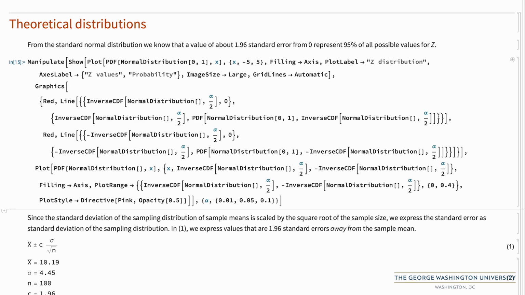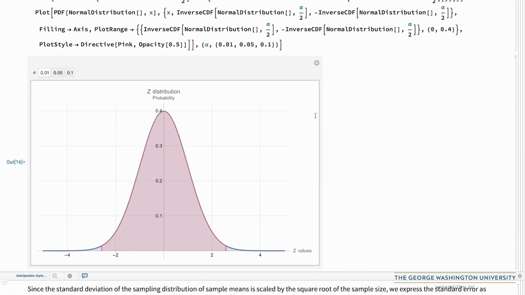Now let's just think about this in a theoretical way. Let's look at the standard normal distribution. There's our standard normal distribution. Now remember, on my horizontal axis, I have z-values, and z-values are units of standard deviation. And remember, a sampling distribution is scaled by the square root of the sample size, and the standard deviation of a sampling distribution is known as the standard error.